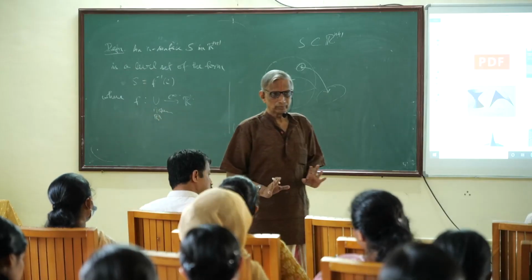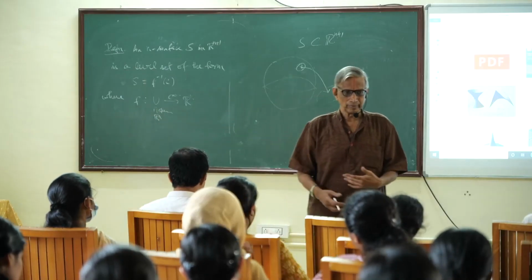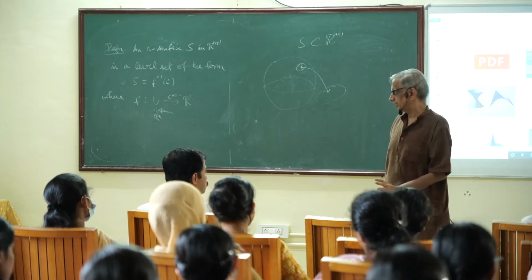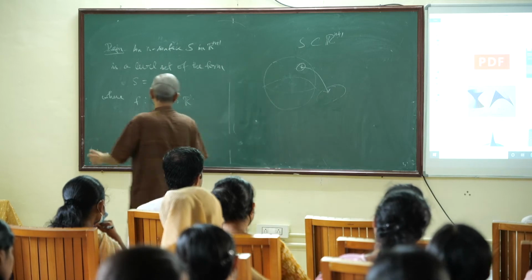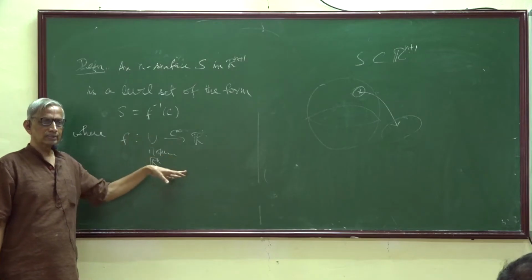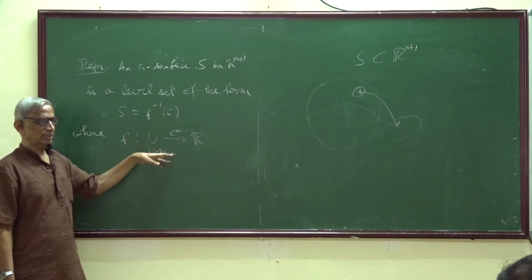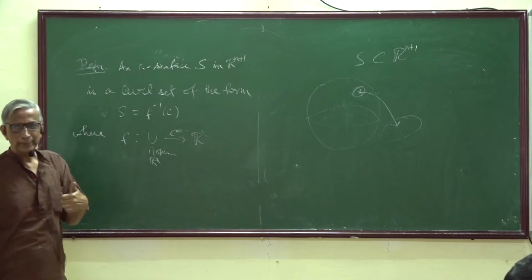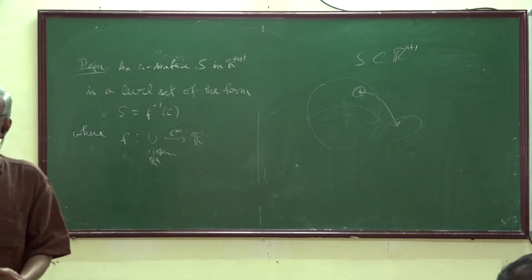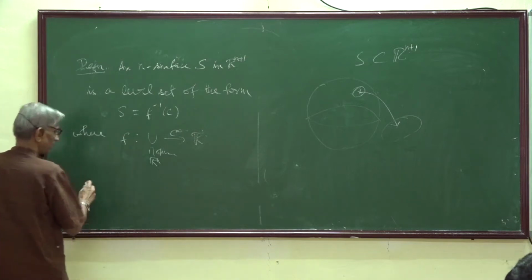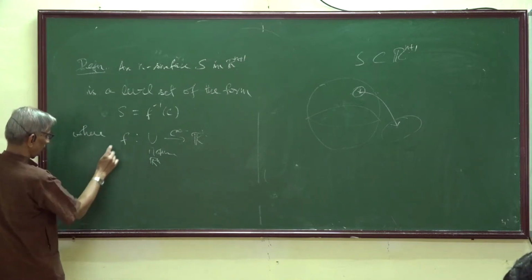But that is not all, because you have to have some condition to make things smooth. For example, if you take a constant function, everything is going to be 0. So you want some kind of regularity, which means that some partial derivative at least is non-zero.